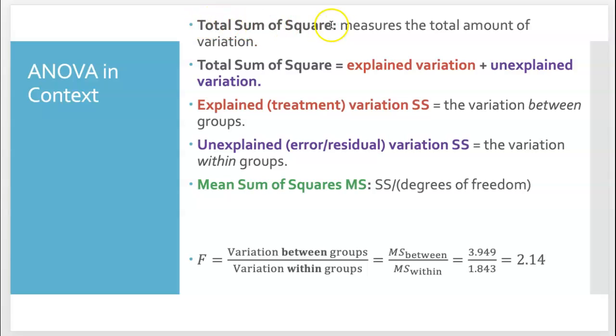The total sum of squares measures the total amount of variation, the sum of squared differences. This total sum of squares can be broken down into two pieces: explained variation and unexplained variation. Explained variation is always in terms of our categorical variable.